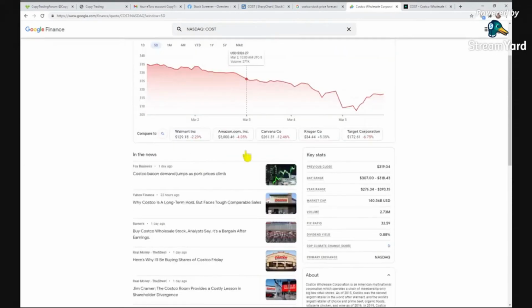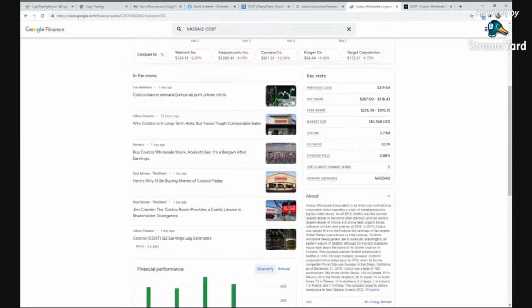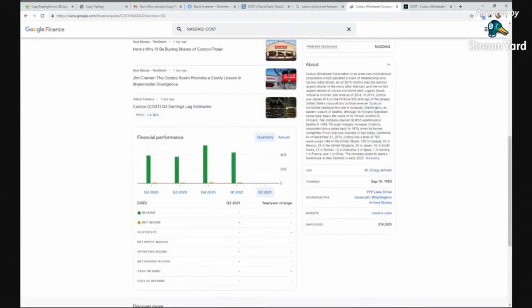And then I look on Google Finance here. You can go down to the bottom here and it shows an easy chart. So you just click on here. So this was the latest finance, revenue and net income. Revenue was 42.21 billion, net income was 1.7 billion and earning per share was 2.62.